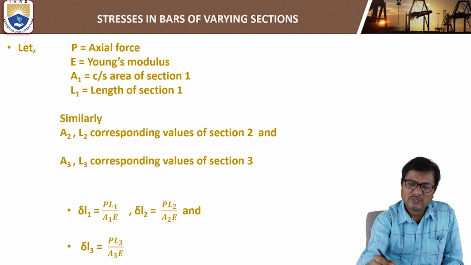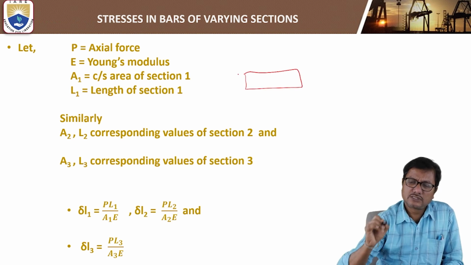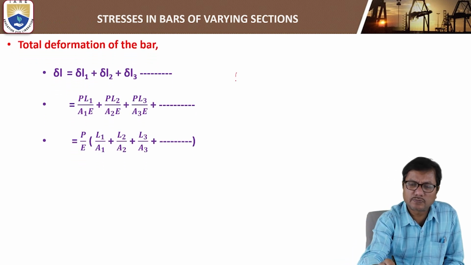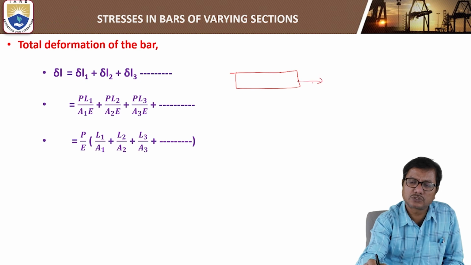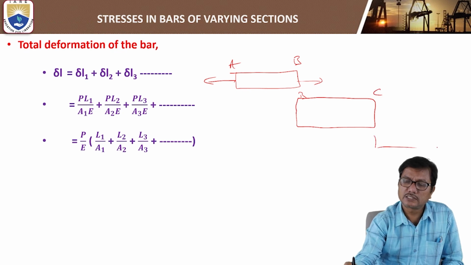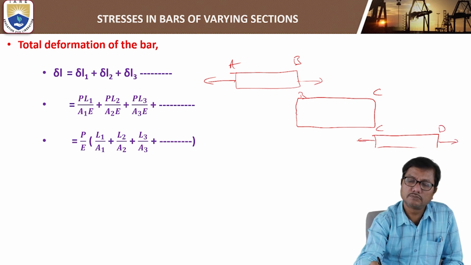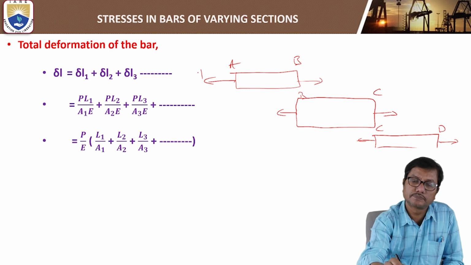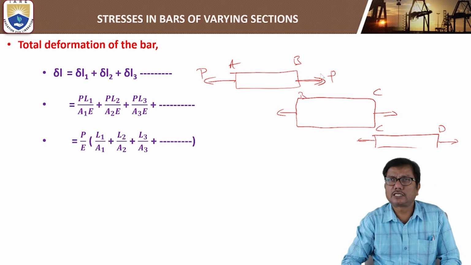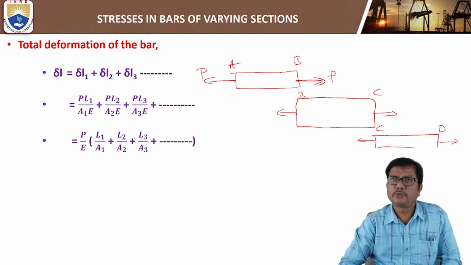So now each of these segments is subjected to the same tensile force P. That means if you consider the free body diagrams of AB, BC and CD, for equilibrium, the resisting force acting at B will be P only.